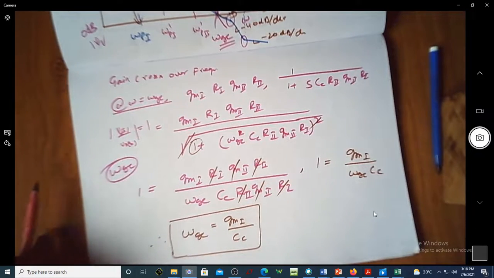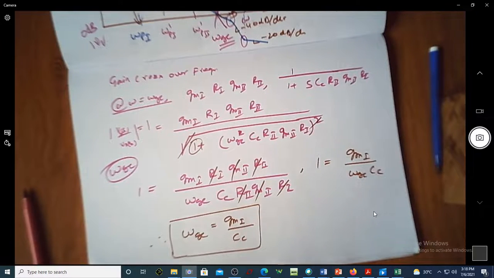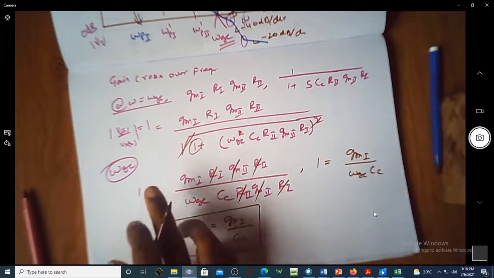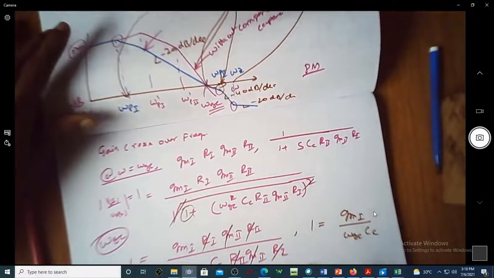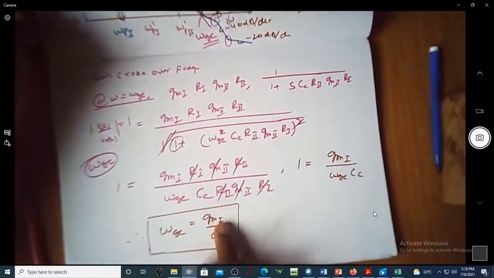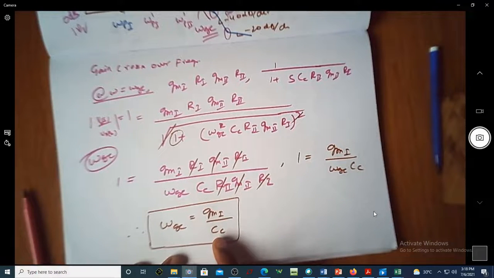This is the gain crossover frequency of a compensated two-stage op-amp, given by GM1 by CC.